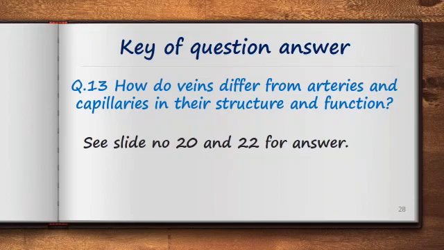The function of veins is to carry deoxygenated blood, the blood that is less in oxygen, back to the heart. Arteries carry the oxygen-rich blood from the heart towards every part of the body. Capillaries are very important because the exchange of gases occurs here.